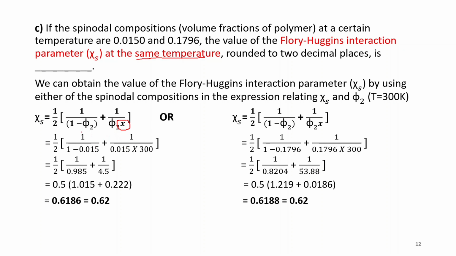And for phi 2, we have two volume fractions, 0.0150 and 0.1796. We are taking the first one, 0.015, as the phi 2 value, and then we calculate this and we get the answer as 0.62, which is our interaction parameter or chi value, right?